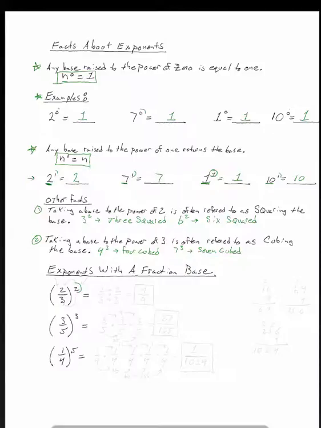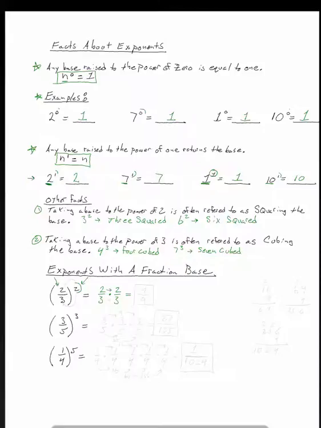So we see this as 2/3 to the power of 2. And we know that this means that we want to take our base, which is 2/3, and multiply it by itself twice. So that's 2/3 times 2/3. Now, if our original fraction was fully reduced, then we're not going to have any reducing to do.